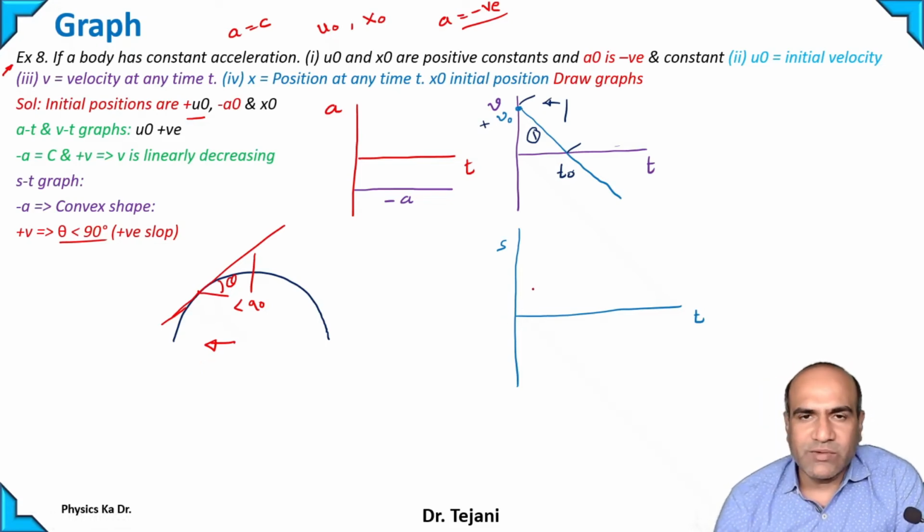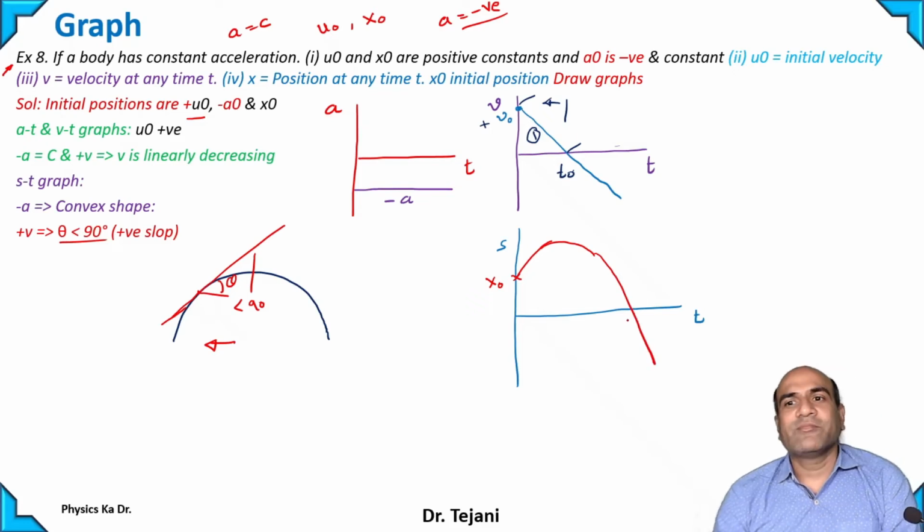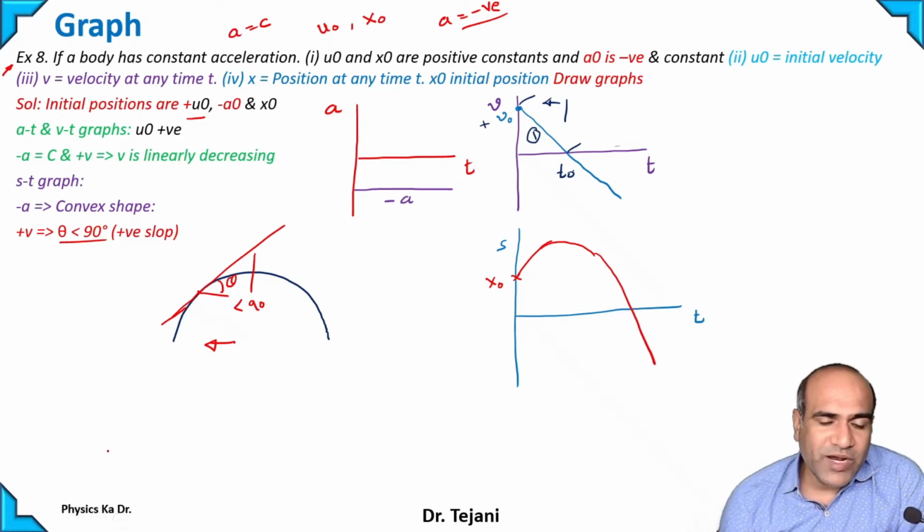Another part is given here, it is positive. So it starts from x0 and goes up, and then it should move in the downward direction. It goes like that. We identified the shapes for that.